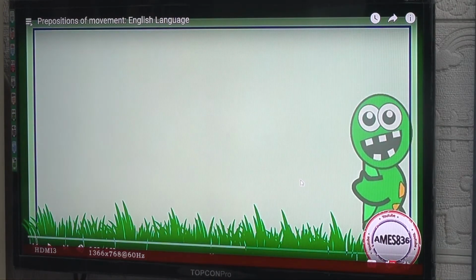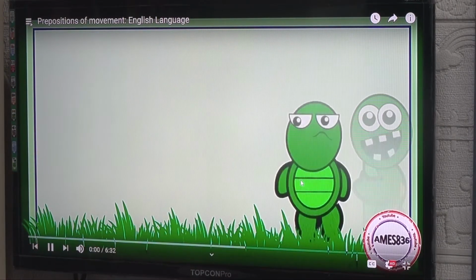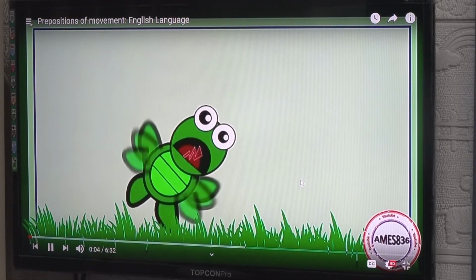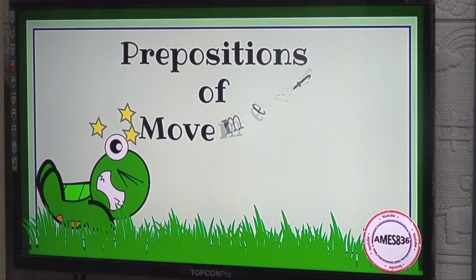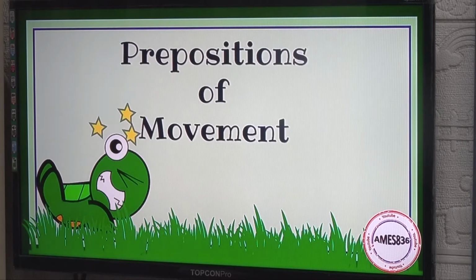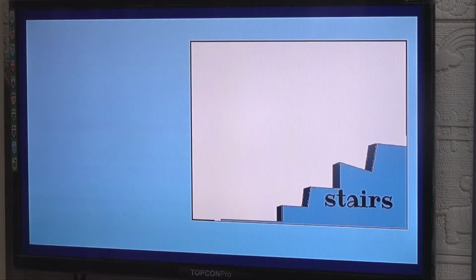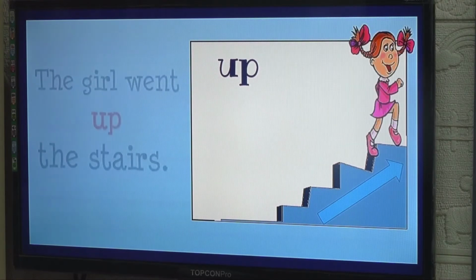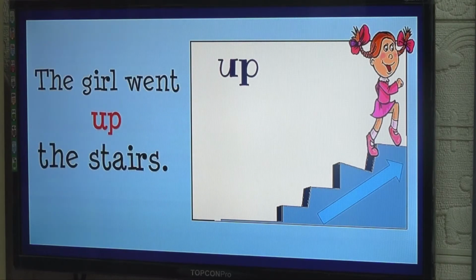Ready, steady, go. Prepositions of movement. Stairs. Up. The girl went up the stairs.